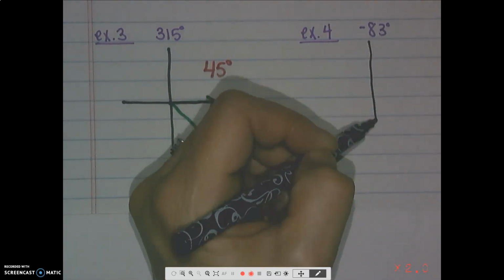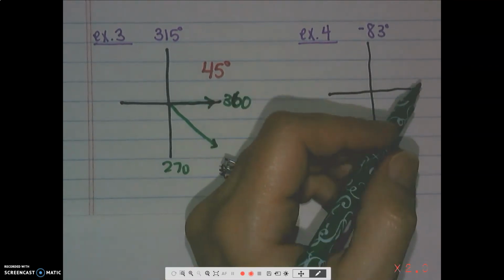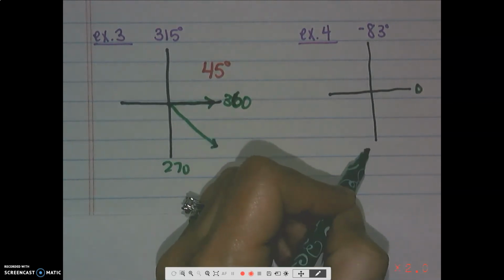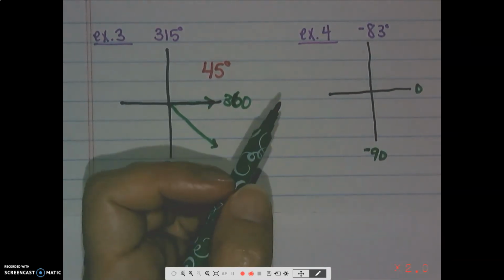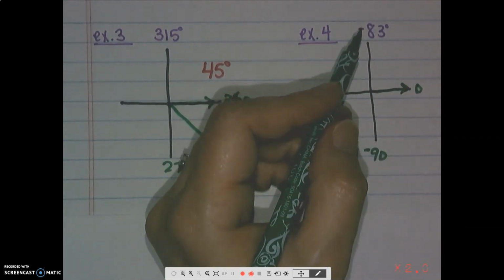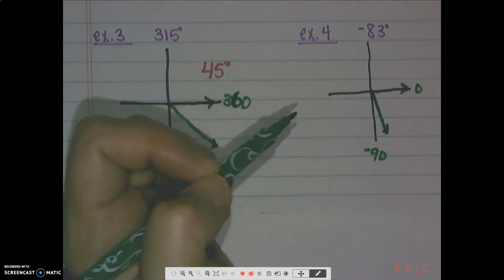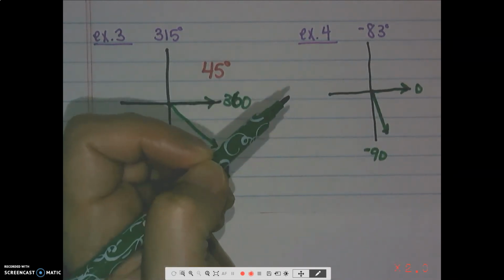All right, for negative 83 degrees. So now we have a negative angle, which we know how to deal with. So this is 0, this is negative 90. That means we're almost there to negative 90. Because it's a negative angle, we are going to go clockwise. So we're going to go there. There's negative 83 degrees.